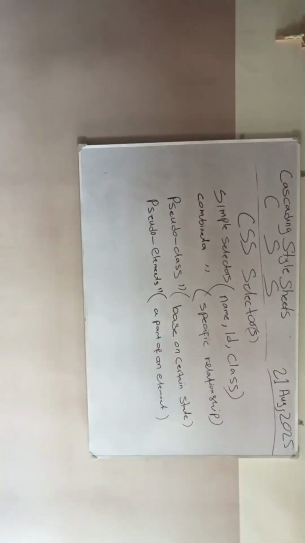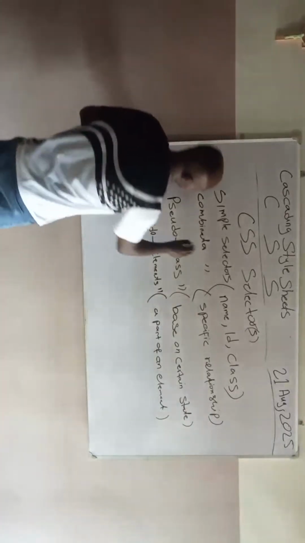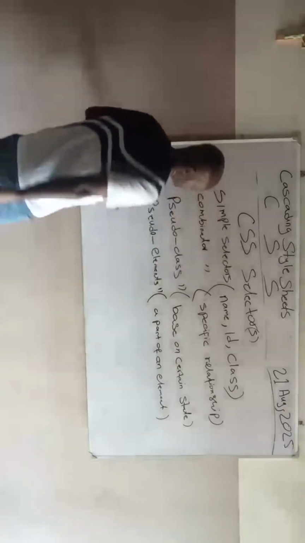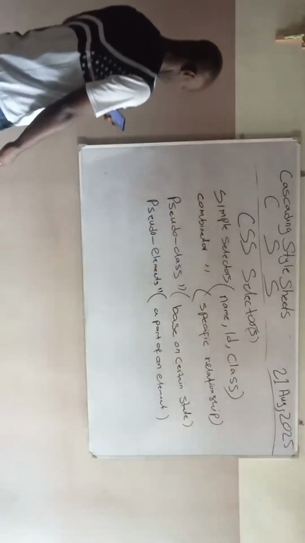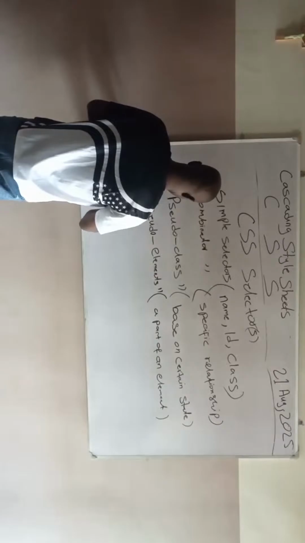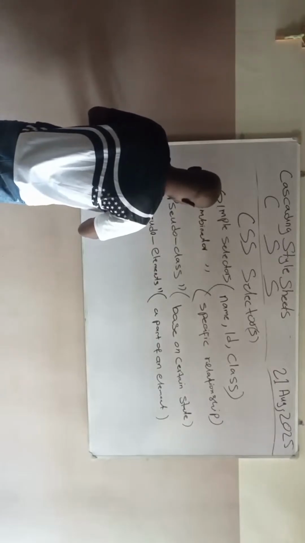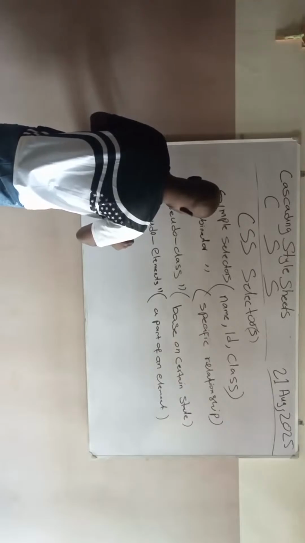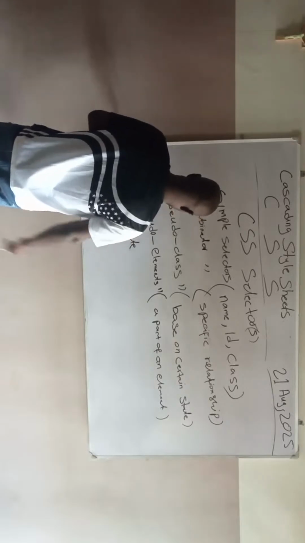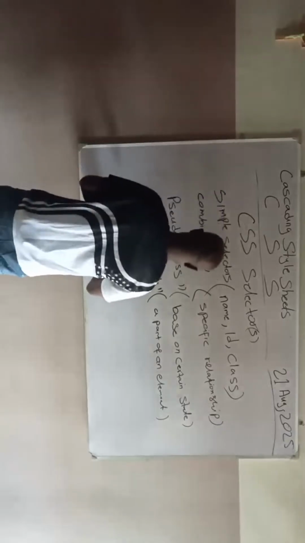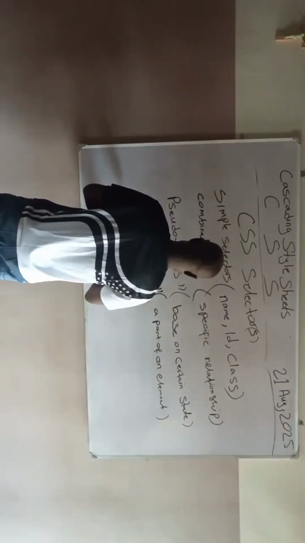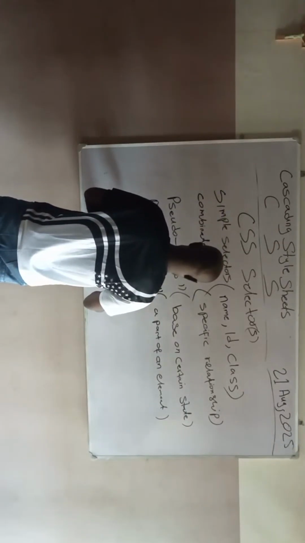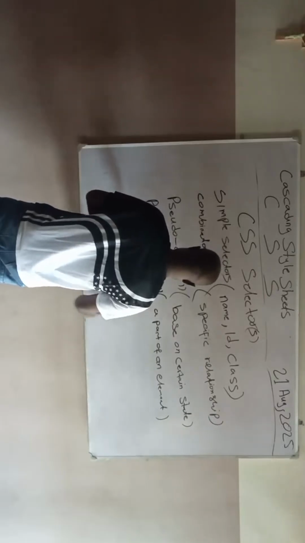How many do we have here? Four. Five. Attributes selector.